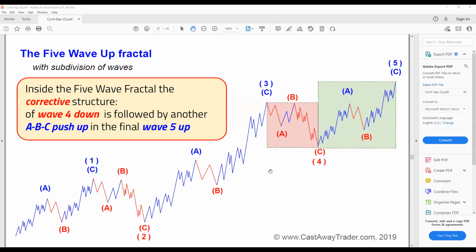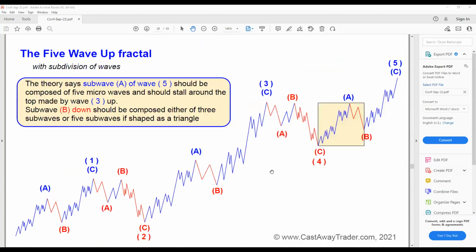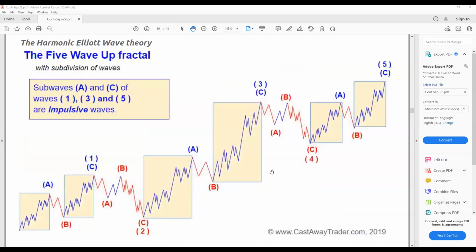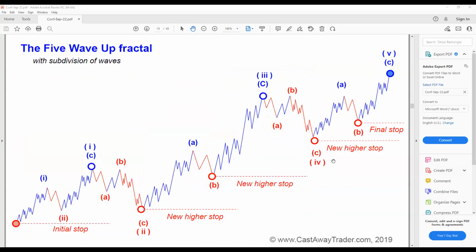And as I've mentioned, the whole 5-wave up fractal actually gives you a great tool, because every new corrective move should make a higher high. And every time we complete an ABC move down, we can use that new higher low as a critical support for the whole projected path to the point of completion.